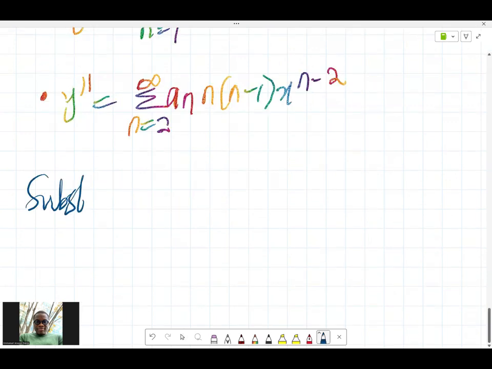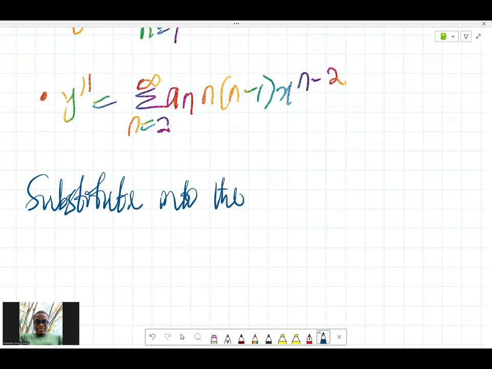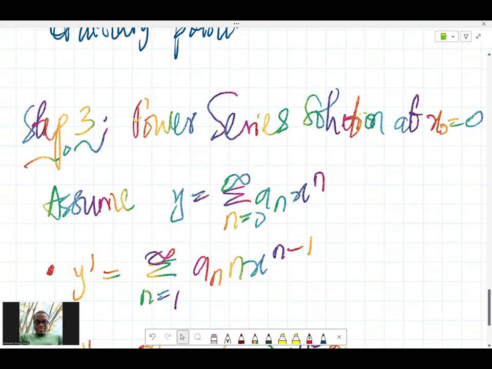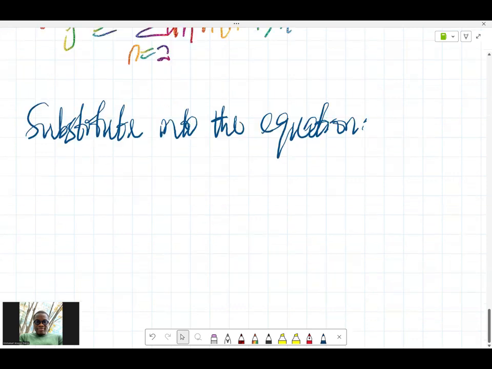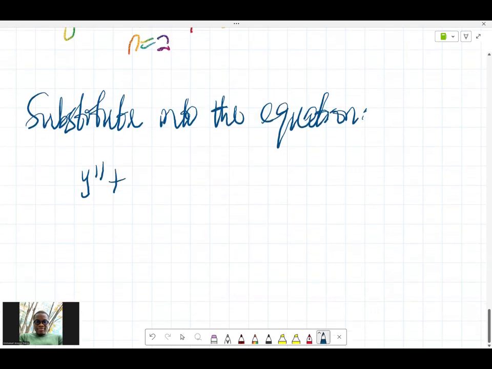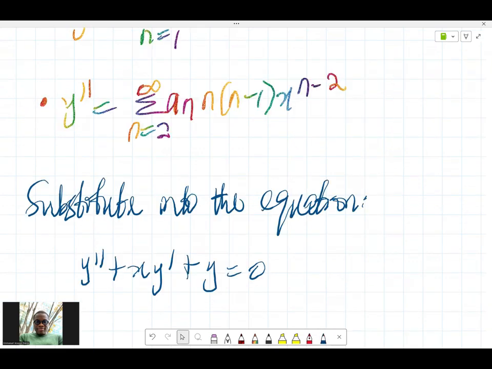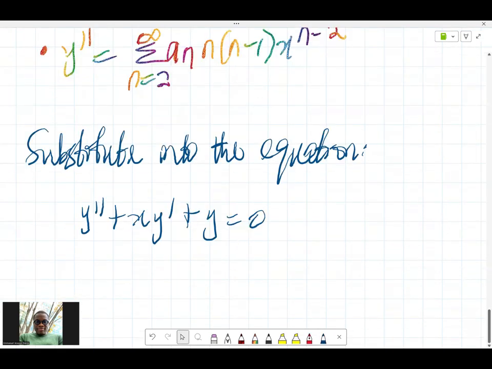So substitute into the equation. I want to write the equation again so we can follow carefully. We have y prime prime plus x y prime plus y equals 0. Okay, so y prime prime is what we have up here.